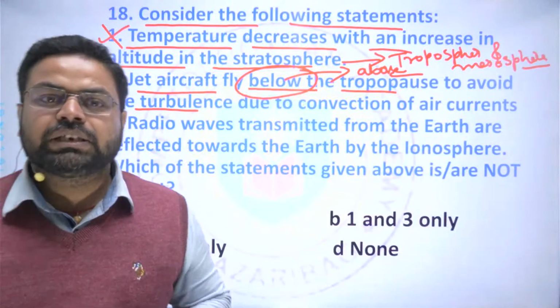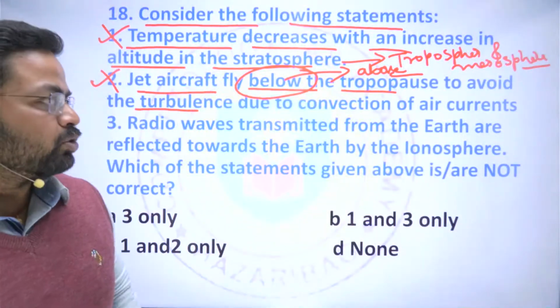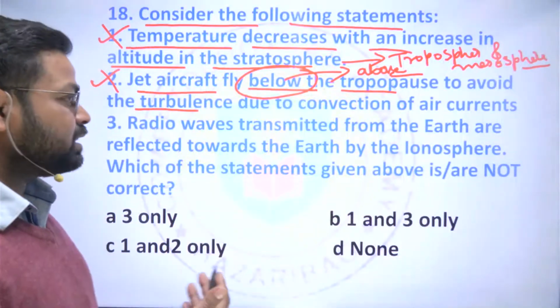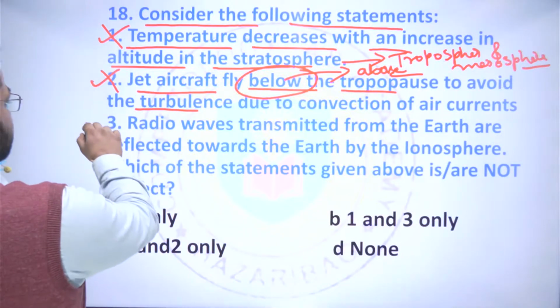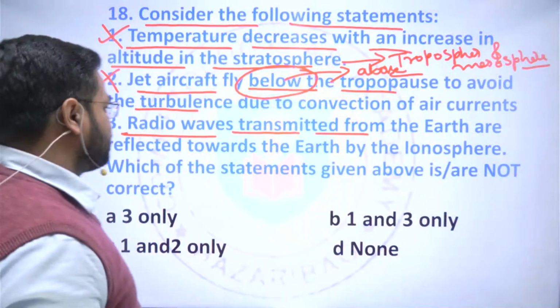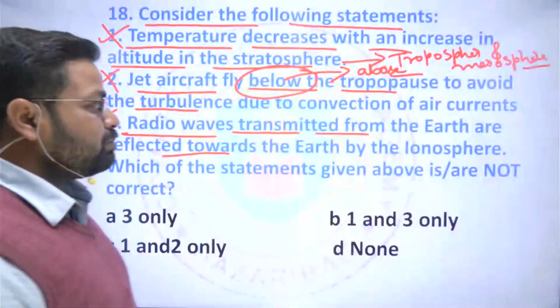That is why jet aircraft fly above the tropopause to avoid any kind of weather condition and any turbulence, etc.